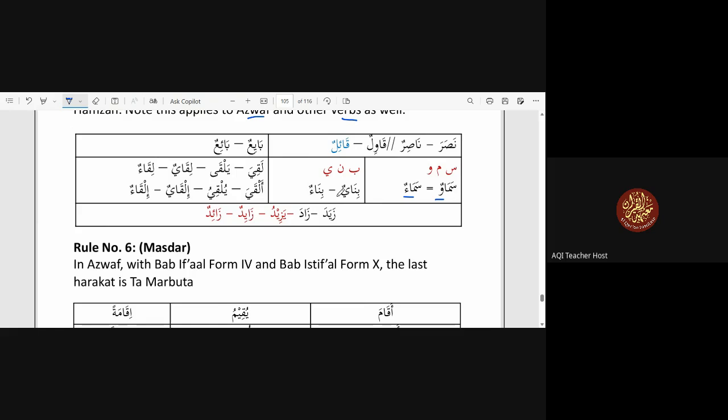Similarly here, binayun, so alif, and after that is ya. So this ya will be replaced by hamza and it will become bina'un. So this rule is quite simple. Just alif, and after that waw or ya, then this waw or ya will be replaced by hamza. So it's quite simple.